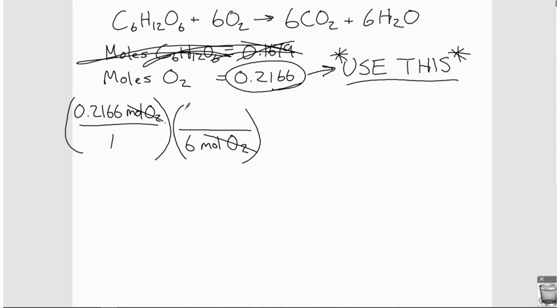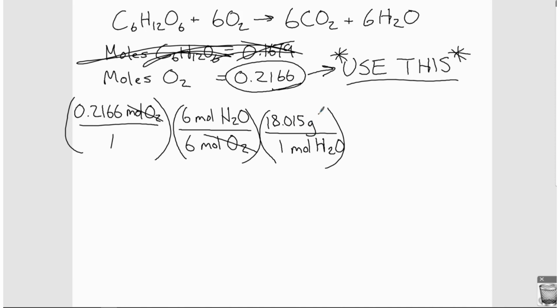And they both have a coefficient of 6. So really, all I'm going to get is I have the same number of moles of water as I do of oxygen. But in order to figure out how many grams of water that is, I'm going to need to multiply by water's molar mass, which happens to be 18.015 grams of water for every 1 mole of water.